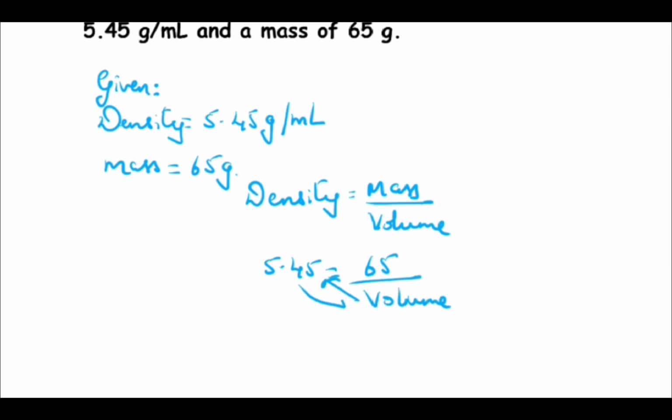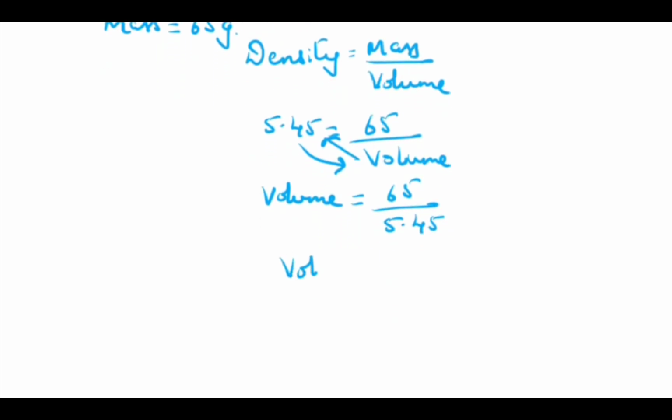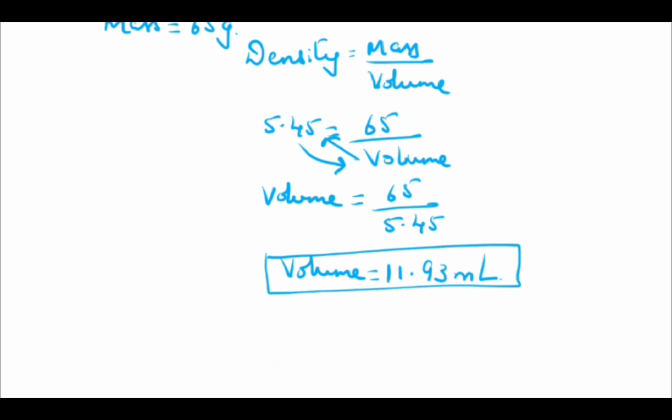This goes here and this comes down. So volume is equal to 65 upon 5.45. So volume is equal to 11.93 ml, rounded off to 2 decimal places.